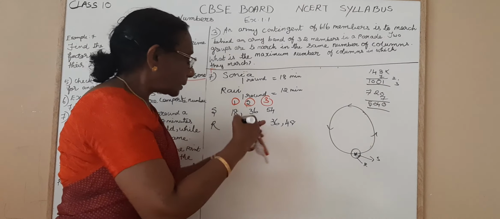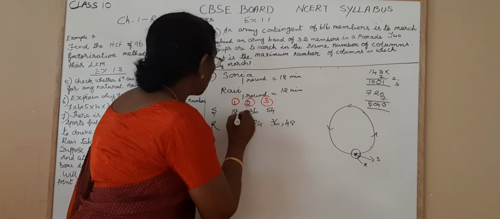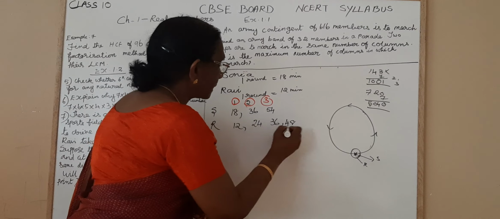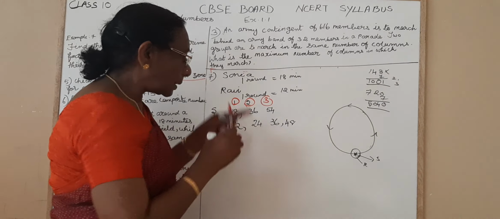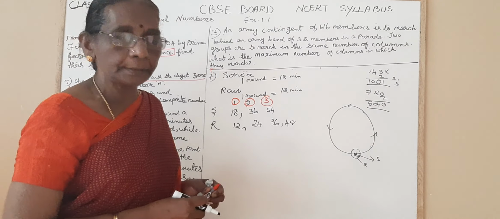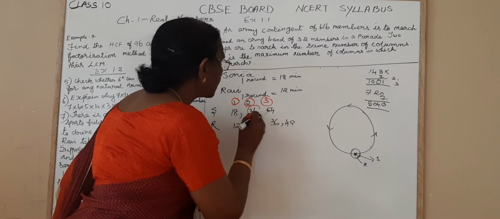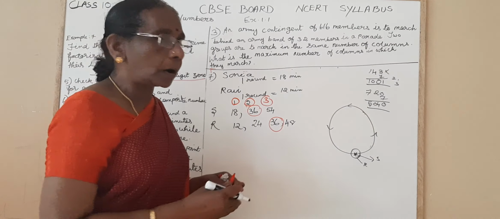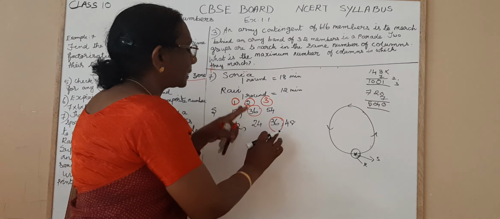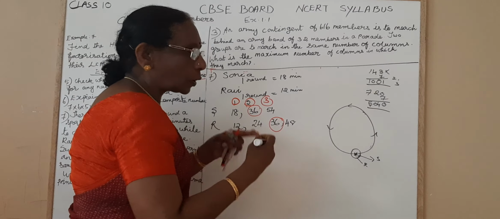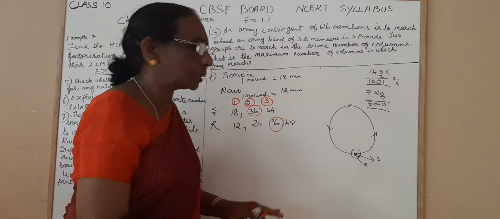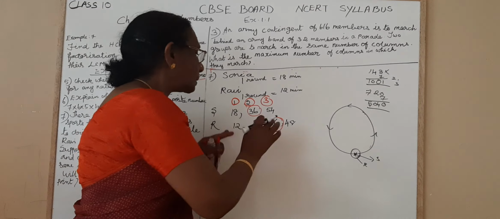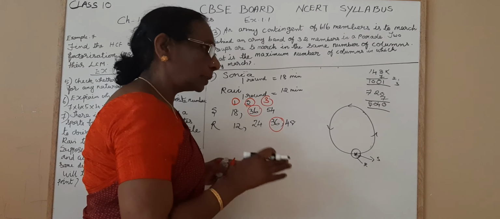Okay. And like that, see here, it is increasing by multiples of 18. It is increasing by multiples of 12. And we have a common multiple in this. What's the common multiple? 36. Why are we taking the least common multiple? Because at the first common multiple itself, they will meet. Isn't it? In 36 minutes, Sonia has completed 2 rounds. In 36 minutes, Ravi has completed 3 rounds.